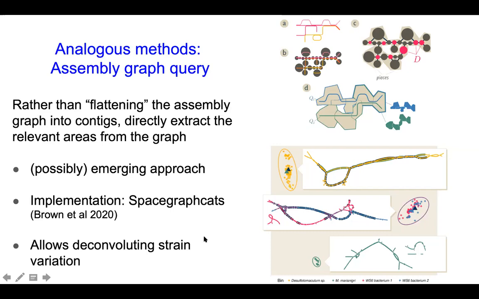There is currently one implementation that I know of, software called Spacecat, currently in preprint. And one of the big things here is that this would allow for fully understanding the community complexity at a strain level.